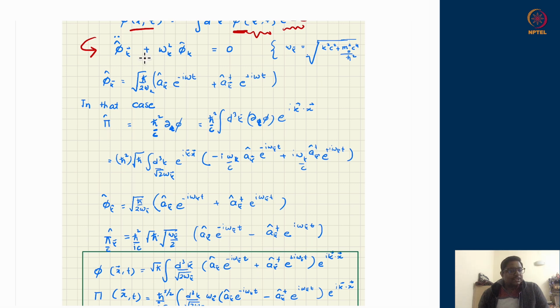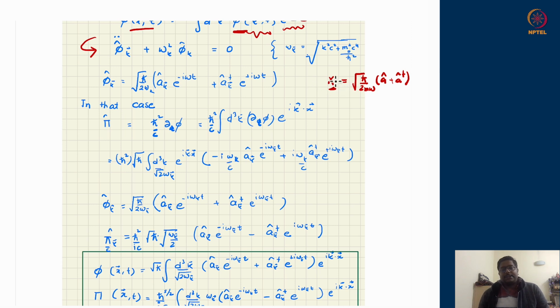If you remember quantization of harmonic oscillator, we used to write x as root under h upon 2m omega times a plus a dagger. You need to go to your quantum mechanics notes to realize that this is how we used to write in terms of a and a dagger the variable x which satisfied the oscillator equations of motion.